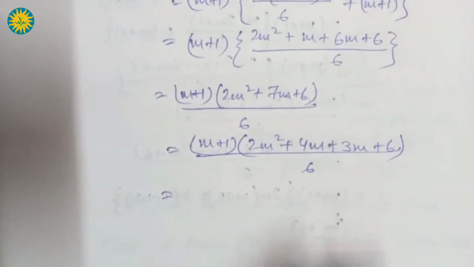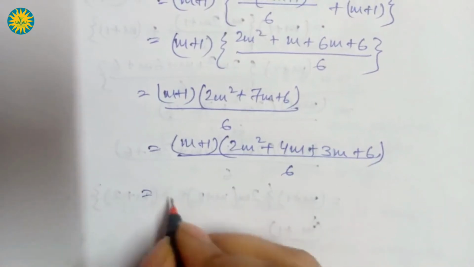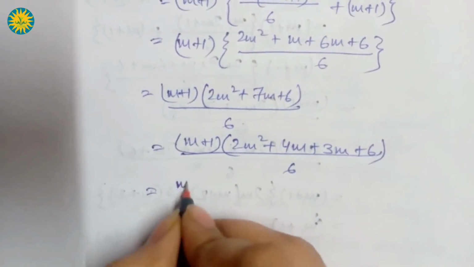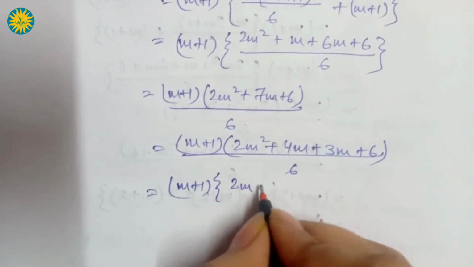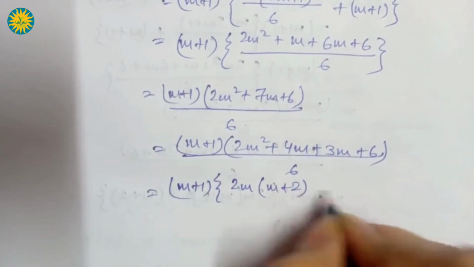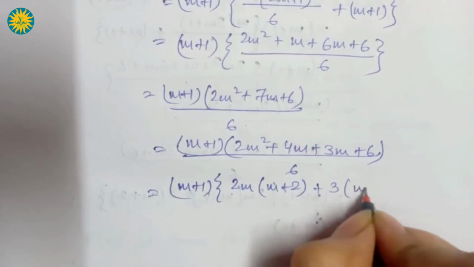From this we can take common, which is m plus 1 into, taking 2m as common, we get m plus 2, and again taking 3 as common, we get m plus 2.